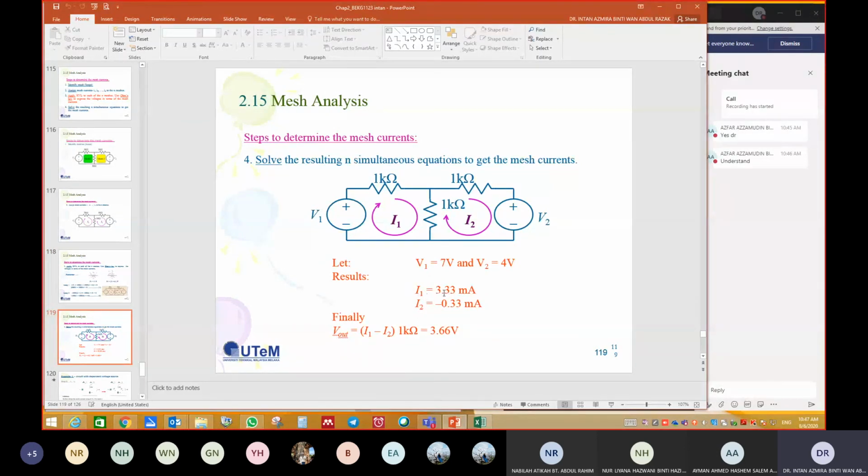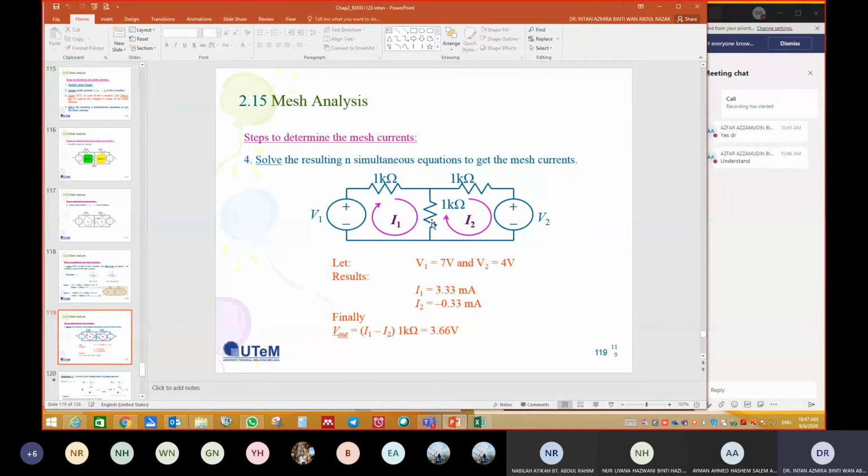So 3.33 milliamp flow from the source and then flow through I3 and also flow through this path. I2 flow through this 1K, and also through this path. How about this 1K?